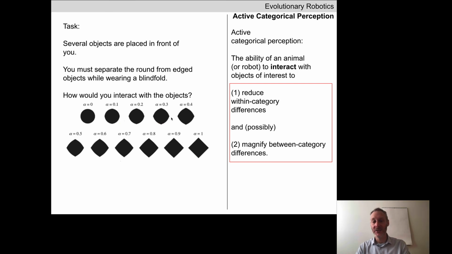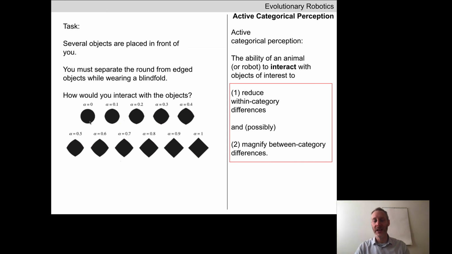As the investigators, we don't have the blindfolds on, we can see that these objects have a continuously changing curvature going from completely round to completely edged. There are no categories here.